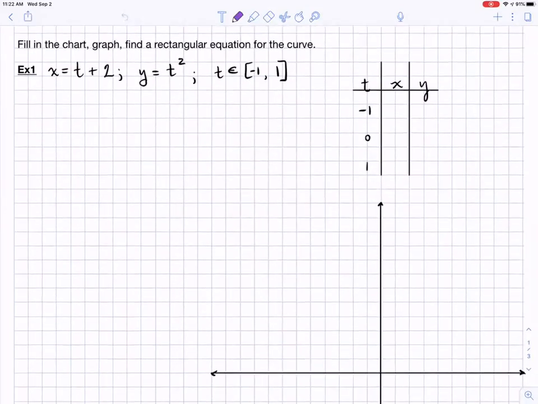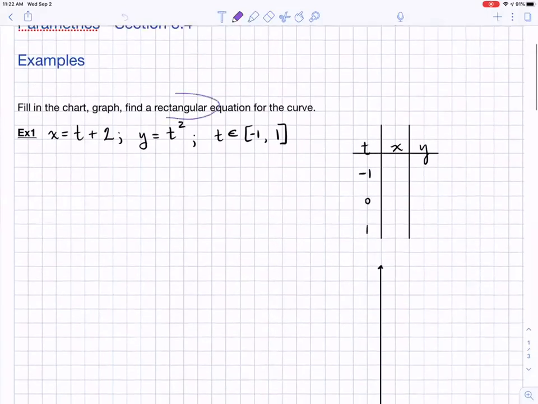Okay, so what we have here, I'm told several things. I'm told to fill in the chart. I'm told to graph. I'm told to find a rectangular equation. What? Okay, so anytime you see the word rectangular, this automatically means your old equations that just have x's and y's in them. So in other words, it's what you're used to.